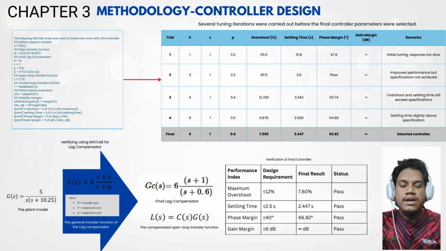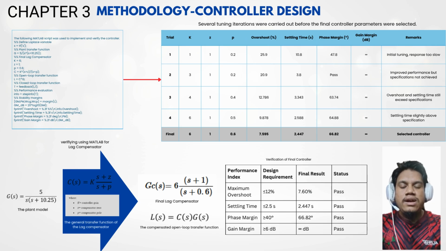Several combinations of K, z, and p values were evaluated to improve the system response while meeting the requirements from the assignment. After comparing the results, we obtained the final controller C(s) equals 6(s plus 1) over (s plus 0.6).